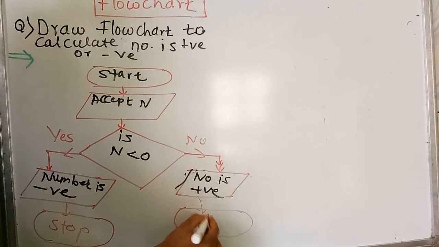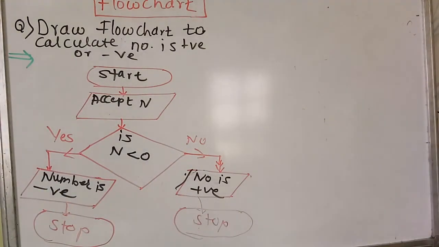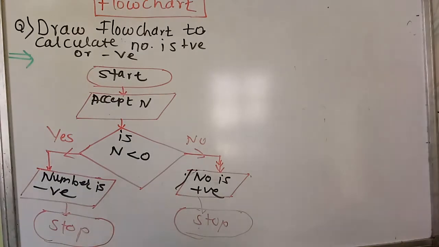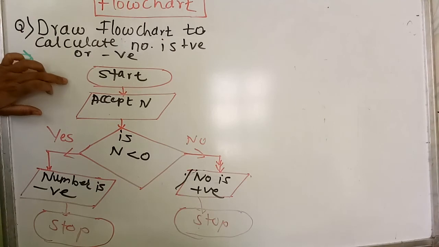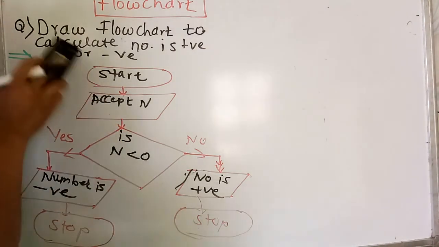So this is an example of how to check a condition, and depending on that we display two separate conditions. Now we will cover the same flowchart for checking whether a number is less or greater.